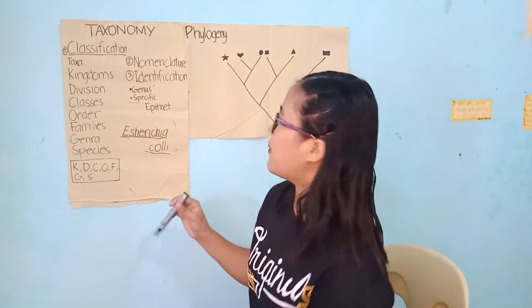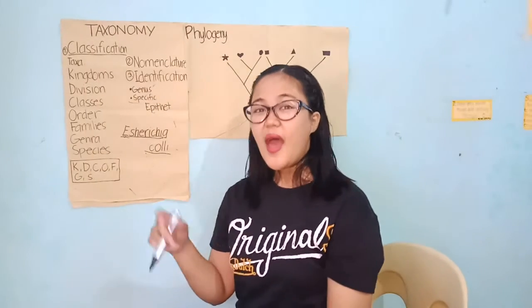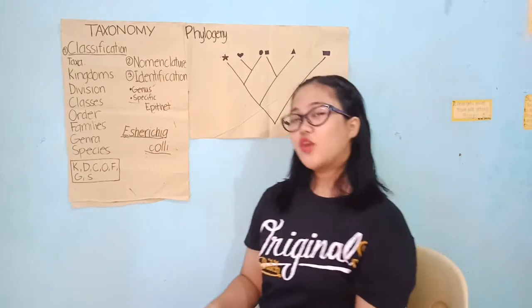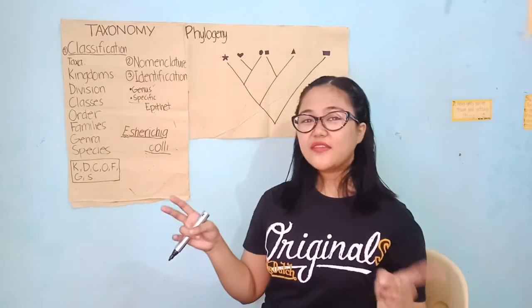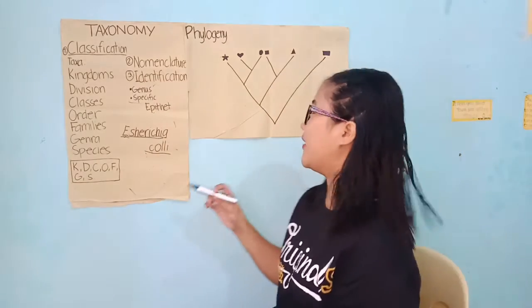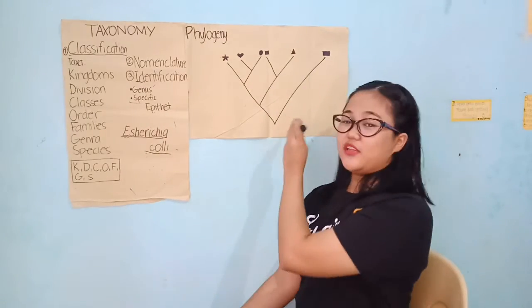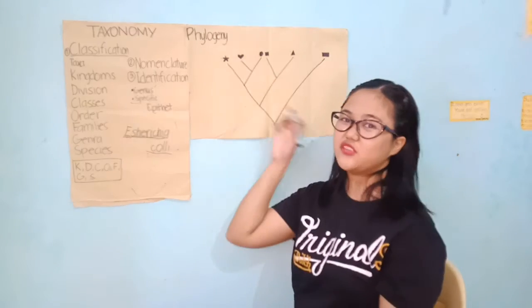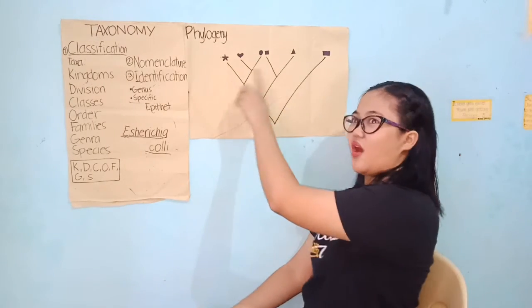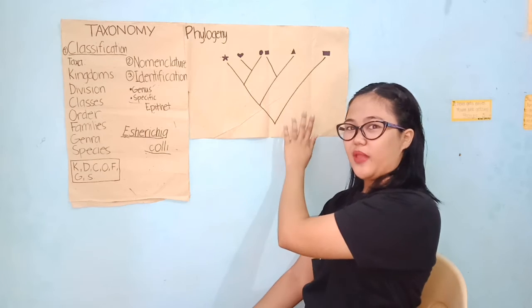So we'll proceed to determining the relatedness among organisms. It's easy to understand. What I have here is a chart. I don't have any names of the kingdoms like archaea, animals, or plantae.